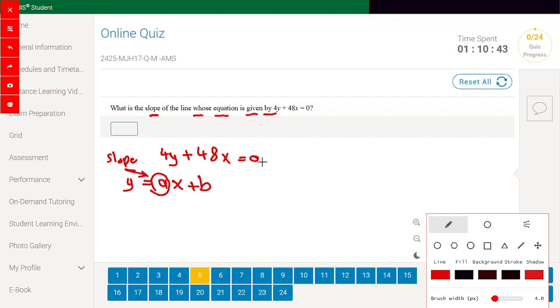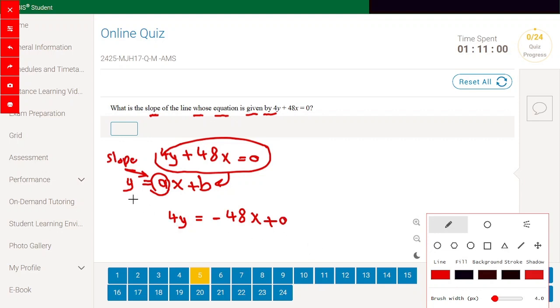So let's make this equation in the same form. We'll have 4y equal to minus 48x plus 0.